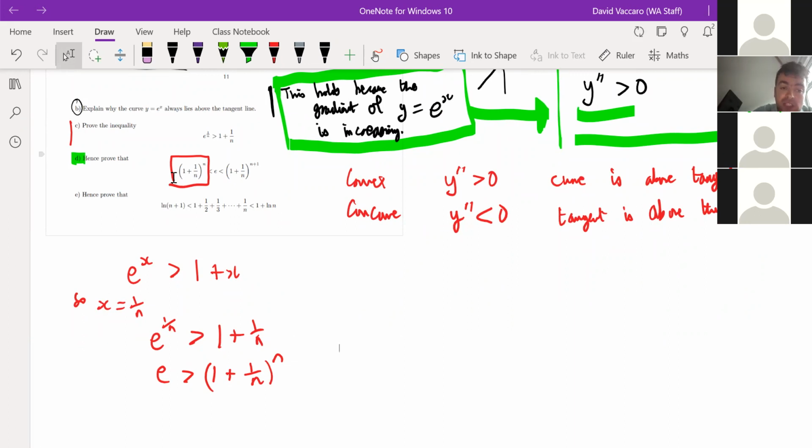Any suggestions, any hunches, any ideas of what I might want to look at? I'll give you a clue that I'm going to start using this inequality that e to the x is bigger than 1 plus x. What point do you think I might want to use to get the green inequality?